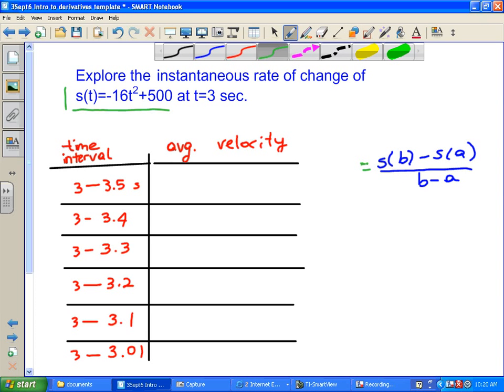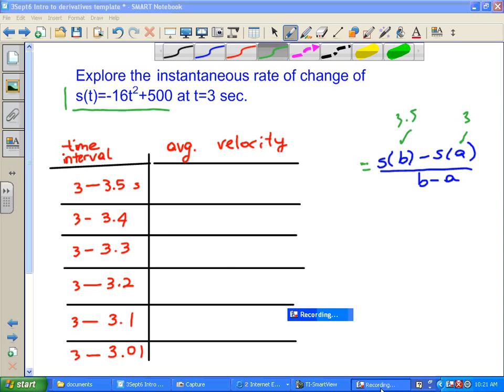The easiest way is to enter this into your y equals screen. And you can go to the table and enter, like, your b is 3.5 seconds for the first group, and your a is 3 seconds. You can quickly get s of b and s of a from your table, and then you can form this ratio. So I'm going to give you a little bit of time. I'm going to pause the recording and then come back and we'll get your answers.